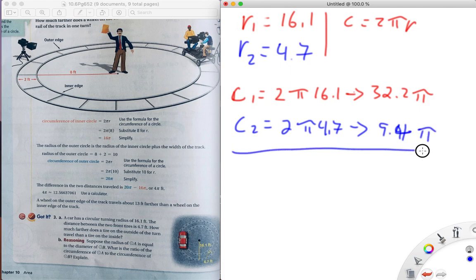So if I want to find out the difference, all I do is subtract the two, and that should give me my distance.